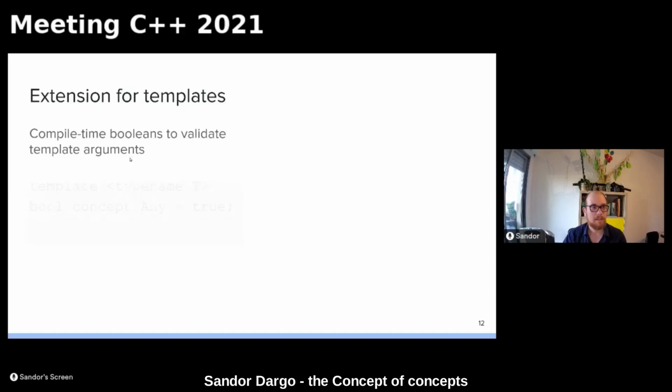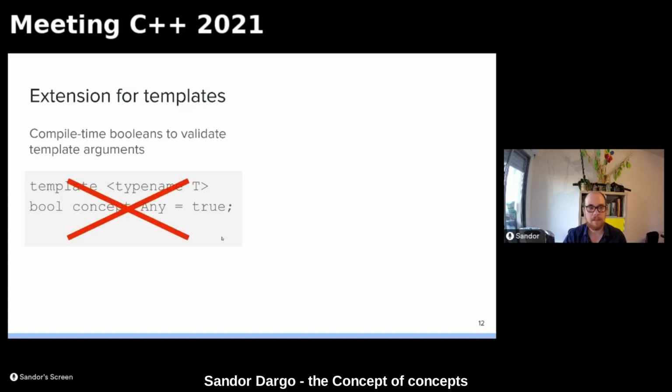And you might have seen this syntax where you say template type name T, bool, concept, and then you have the name and the expression. Well, if you saw this, this is not the case anymore. It was in the technical specification of concepts, but when it got standardized, the committee moved into another direction because they agreed that bool can be omitted, because if we all accept that it's always a compile time boolean, then we don't have to say that concept is a boolean.